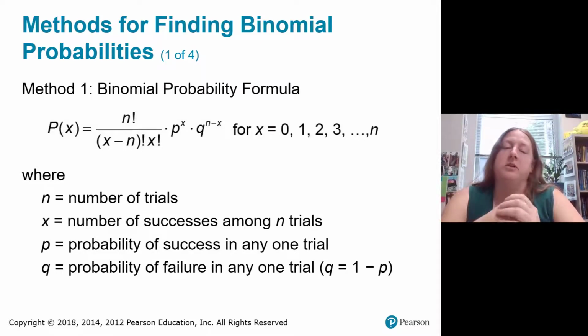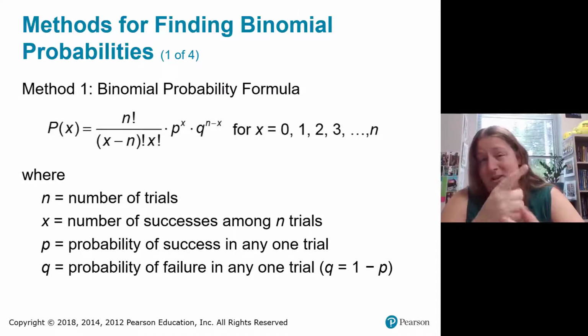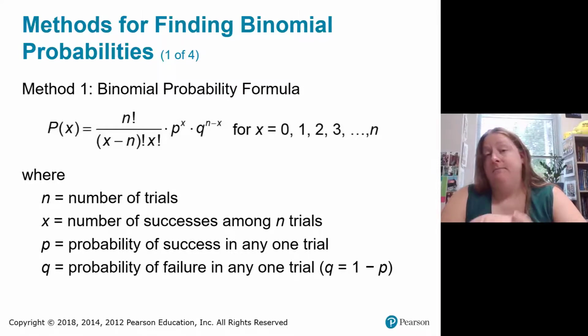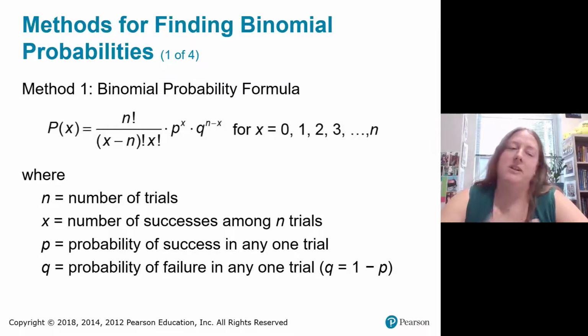We're really going to focus on 2 of them, and ultimately really focus on this one, method 1, having the binomial probability formula. This formula looks like a lot, but again, I really want you to know how to figure it out. I don't really care so much that you memorize the formula.